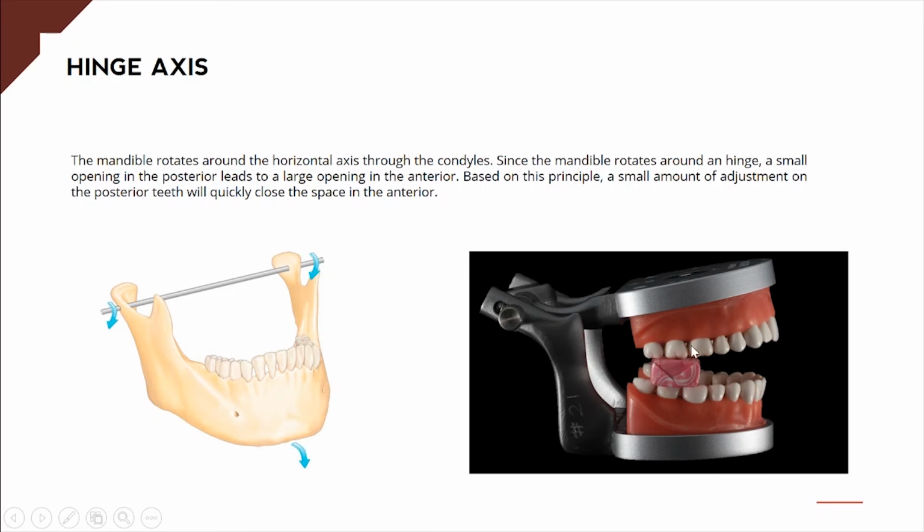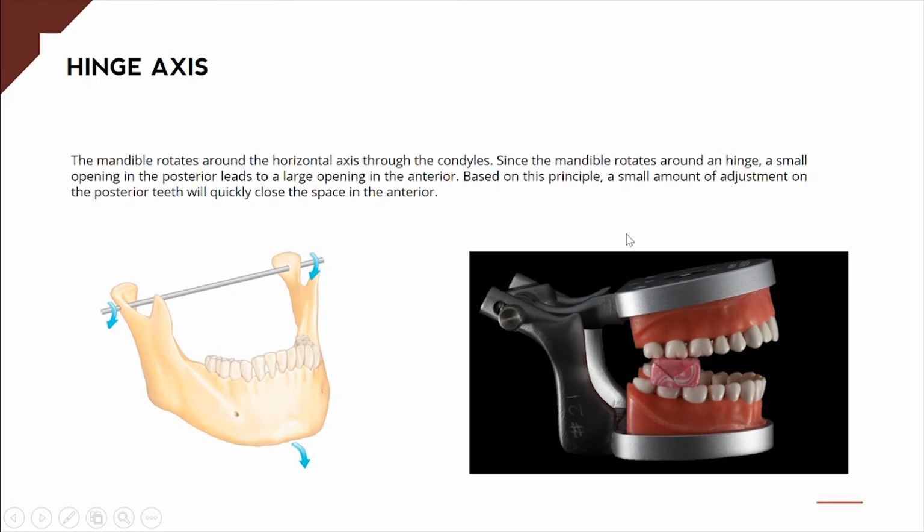Okay? So this principle can be illustrated here. You can see that as we prop open the back tooth a certain distance, as you measure this distance, or this opening in the anterior, the opening is much larger than it is in the back. And the reason, again, is because our jaw moves around a hinge.